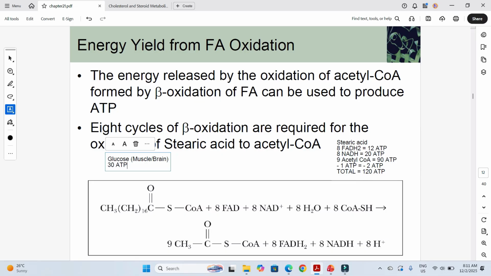So the fact that there is a large amount of energy that we can obtain potentially from fatty acids, yet the body did not choose fats as the main energy source, is very curious. It's very interesting, right? Why was it the case that living organisms, at least mammals, in the course of evolution, chose glucose instead of fatty acids or fats as the main source of energy? Now, the reason for that is the fact that the oxidation of fatty acids leads to the formation of ketone bodies.